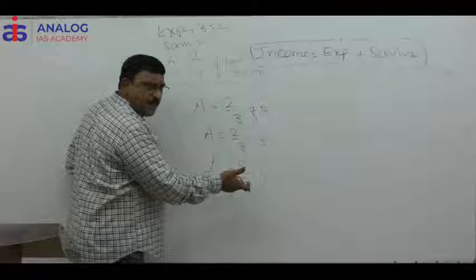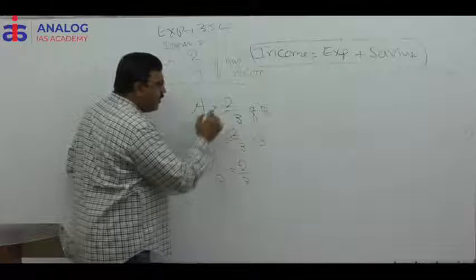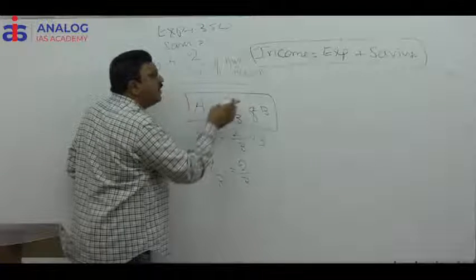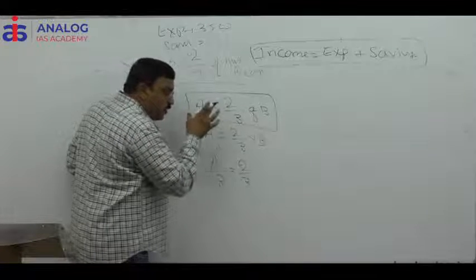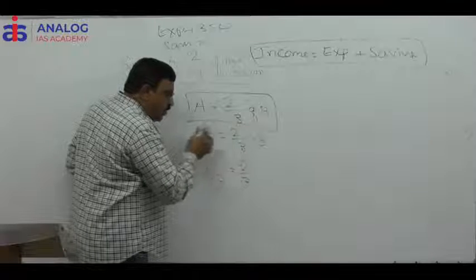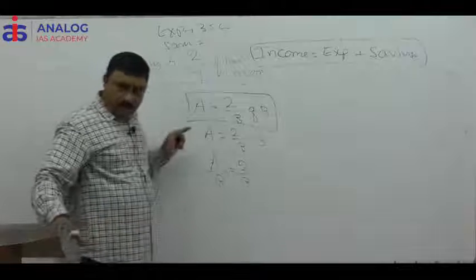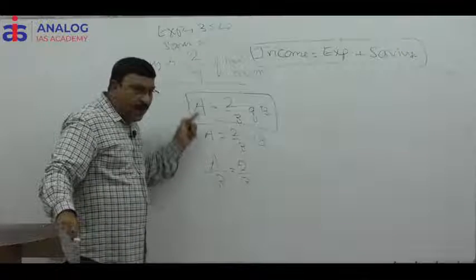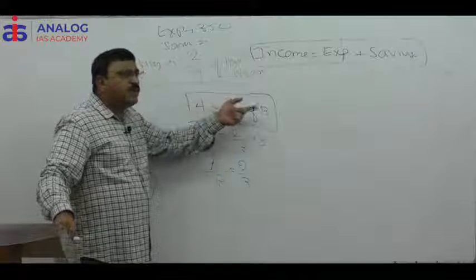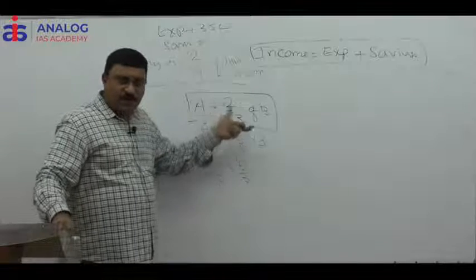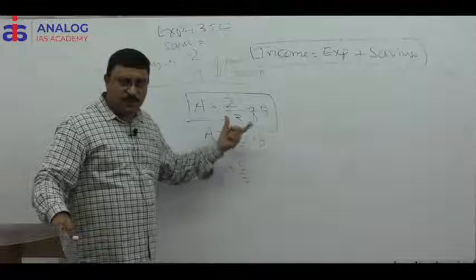Simple, A is 2/3 of B means A is to B directly can be said as 2:3. You should not do all these things, just for learning purpose only I am saying this. But directly, how to do? A is 2/3 of B means directly A is to B is 2:3. Given the same style, you have to say 2:3. That's it. A is to B is 2:3.